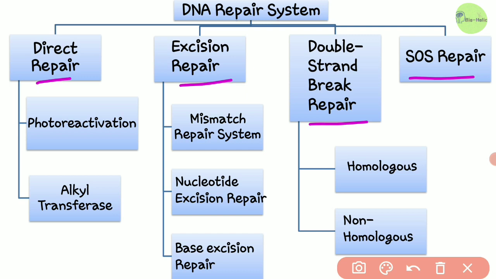Direct repair can be subdivided into 2 subtypes: photoreactivation and alkyl transferase. Excision repair can be subdivided into 3 types: mismatch repair system, nucleotide excision repair and base excision repair. And double strand break repair, as we have seen in recombination, has mainly 2 subtypes: homologous double strand break repair and non-homologous double strand break repair. Clear? So let's see in detail.